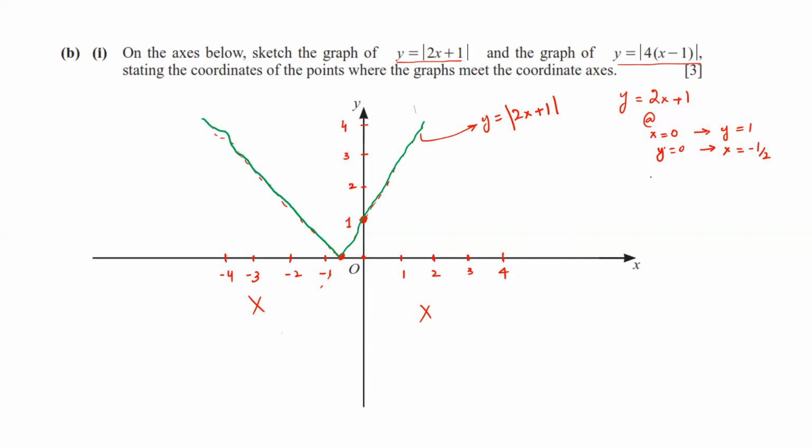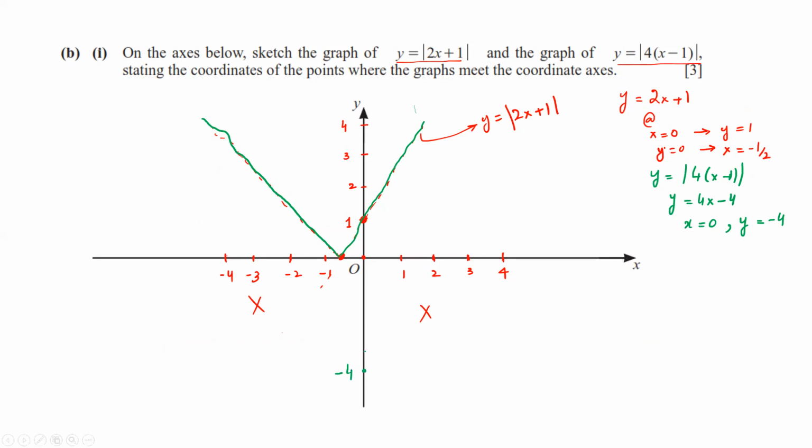Similarly, for y is equal to mod of 4 into x minus 1. First of all, draw a graph of y equals 4x minus 4. So when x equals 0, your y value is minus 4. So when x is equal to 0, your y value is somewhere here.